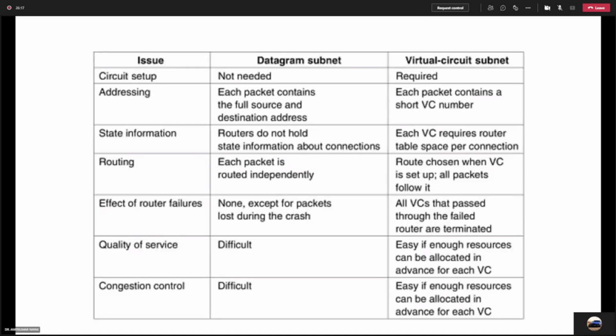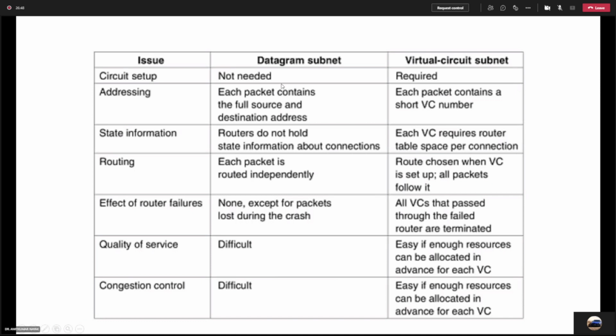If you refer to the columns, then 3 columns are there. The first column is issue, the second column is datagram subnet, and the third column is virtual circuit subnet. The second column indicates that if it is connection-less service, then how can we compare the different issues with connection-less service?